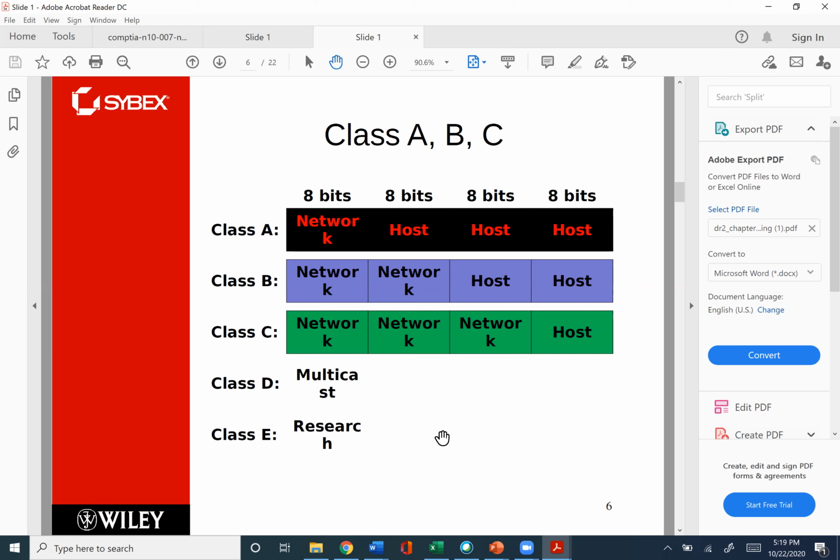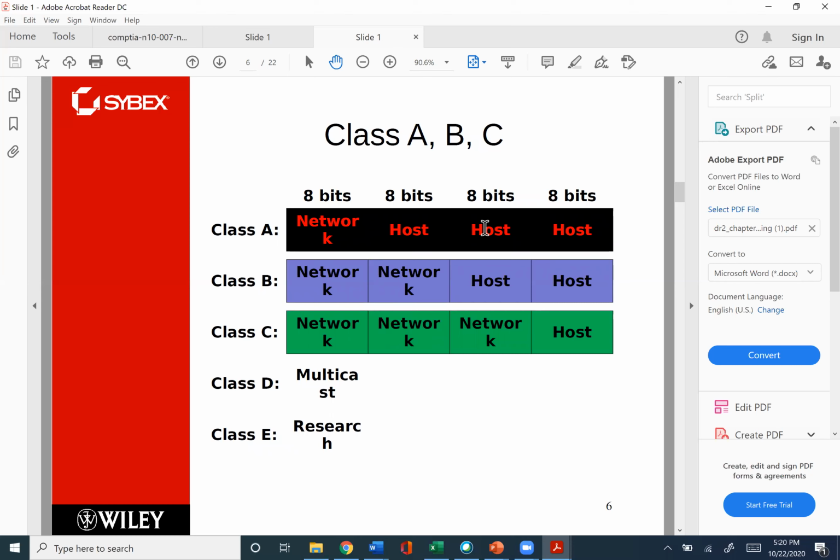What I want you to remember is this view right here. Think about it. We have a network, and the host. So let's go from the beginning. For a class A, the first 8 bits, the first octet, it's the network. The last 3 are the hosts. What does that tell you? How many hosts can I have then?